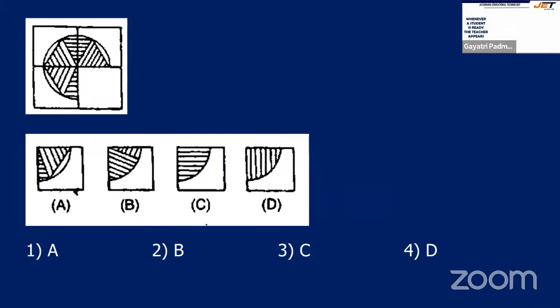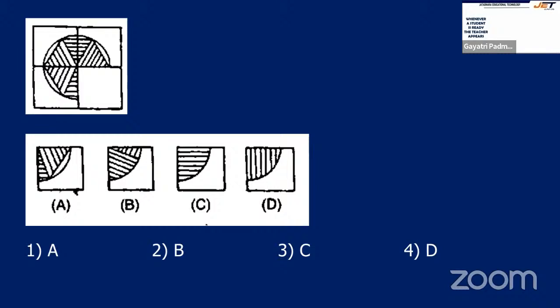All right, now another easy diagram we have. The options are A, 1, 2, 3, or 4. So what would be the correct one? Is it option A? Is it option B? Is it option C?